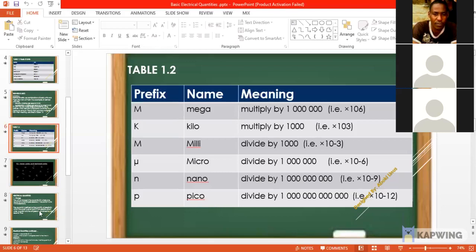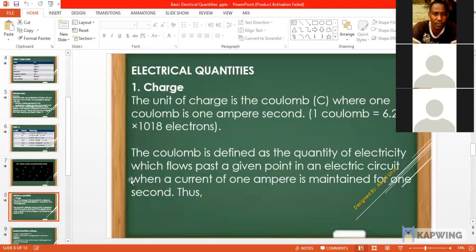So from the prefixes, let's look at the electrical quantities now, in terms of charge. What is the unit of charge, class?